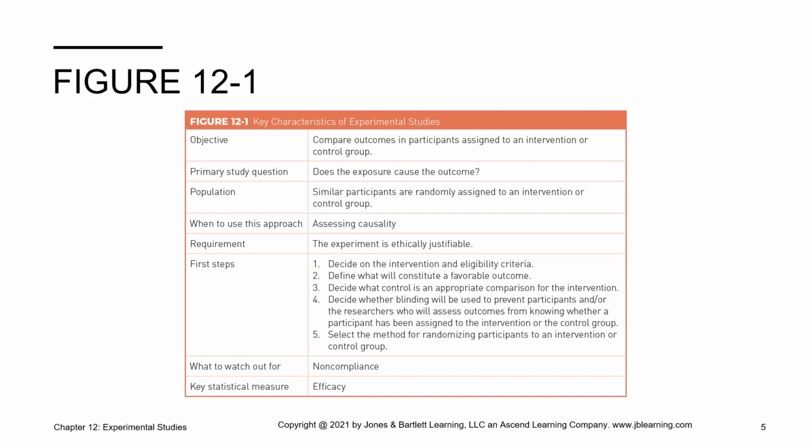So when do you think you would use this approach? You want to use an RCT or an experimental study when wanting to assess causality. A requirement is that the experiment is ethically justifiable.